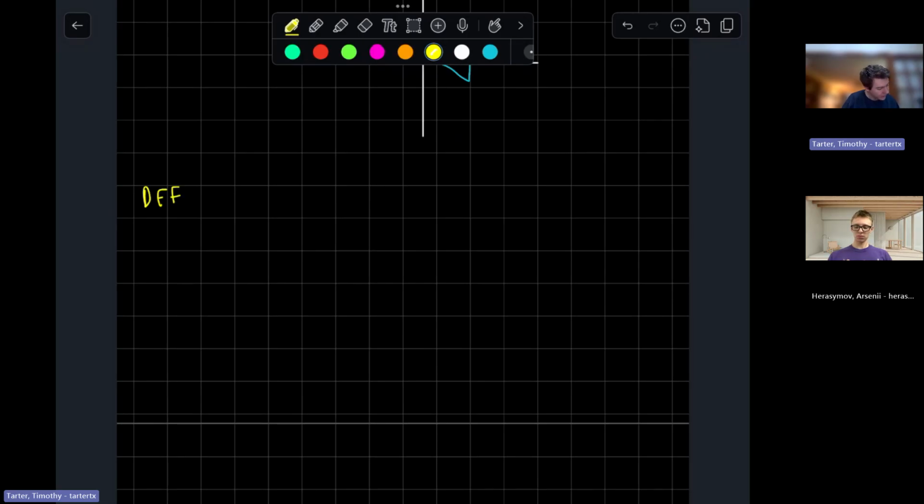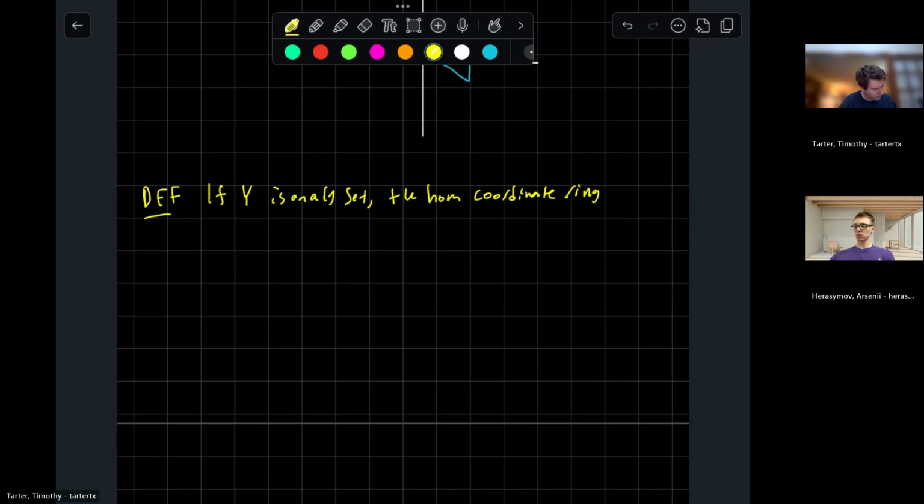Now we're going to define, so if Y is an algebraic set, the homogeneous coordinate ring of Y is, and this is a little annoying, they switched the notation from A, so S of Y is equal to S quotient I of Y. So it works the same way.